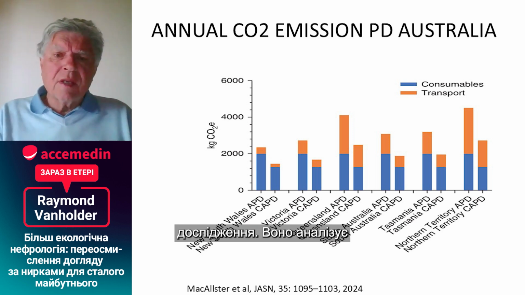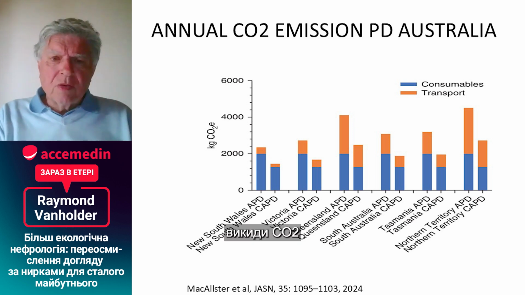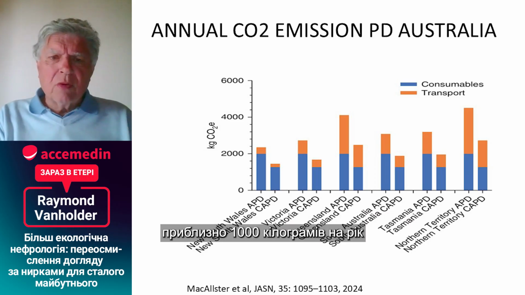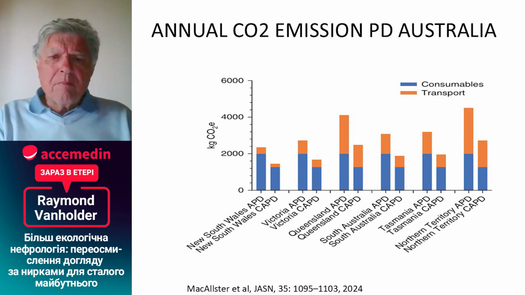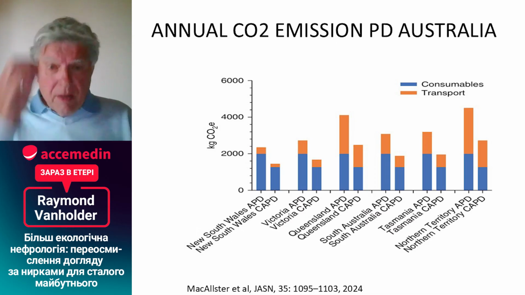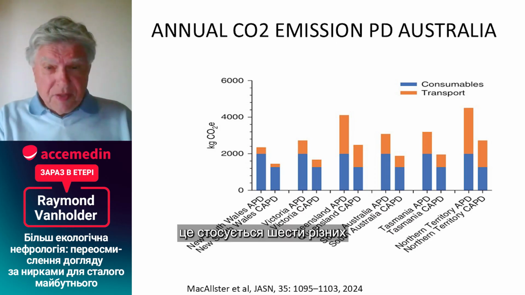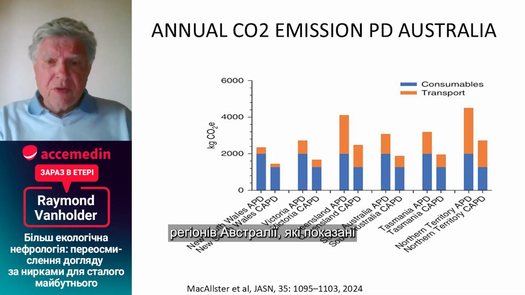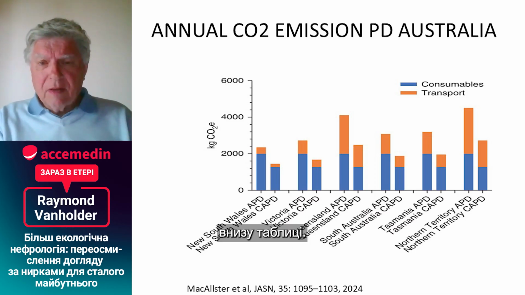It is analyzing the CO2 production in kilogram, in 1,000 kilogram per year per patient. And this for 6 different regions of Australia, which are displayed at the bottom of the table.